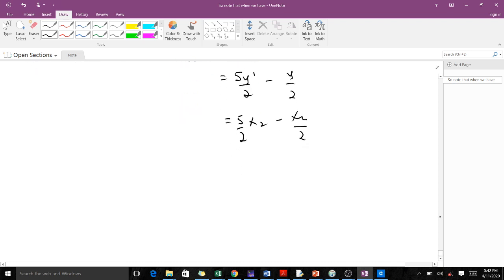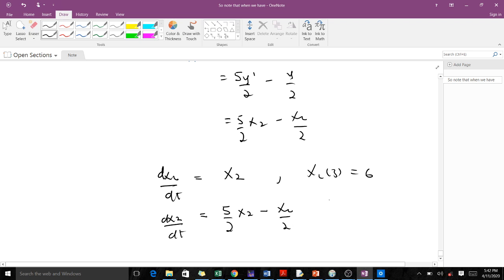So that means finally, we have our system of ordinary linear equations as dx1/dt equals x2 with initial condition x1(3) = 6, and we have dx2/dt equals 5/2 x2 - x1/2 with x2(3) = -1.